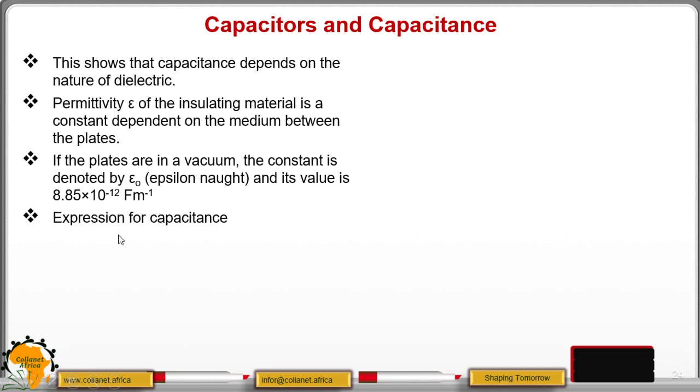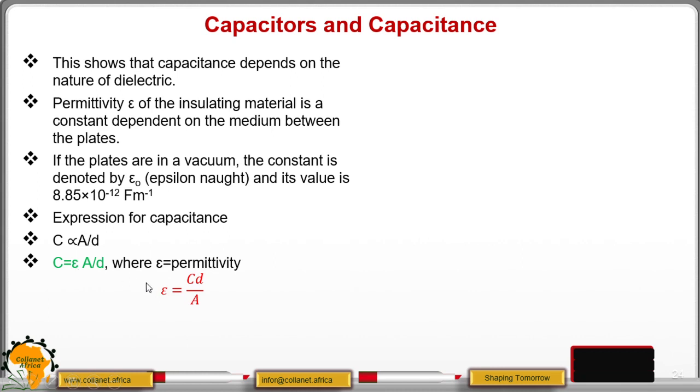Then we can have the expression of a capacitance. We have seen that C, the capacitance, is directly proportional to the area of overlap and inversely proportional to the distance of separation. So if we replace the sign of proportionality with an equal sign and a constant, then we get that C is equal to epsilon A over D, where epsilon is this constant that we are calling permittivity.